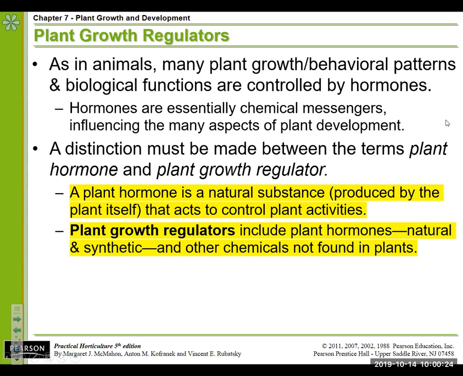The hormone itself is the natural substance that is produced by the plant and controls the plant's activities. Plant growth regulators are sometimes plant hormones, and they can either be natural, found and extracted from the plant, or synthesized in a laboratory. And they are applied to a plant to trigger different developmental patterns in the plants.